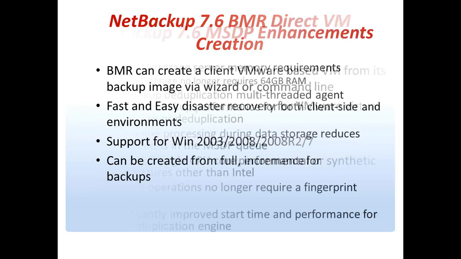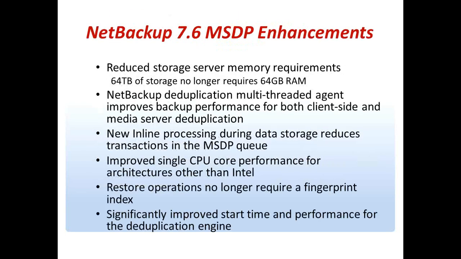Now, another major enhancement to NetBackup 7.6 has to do with media server deduplication pools. What we have here for the enhancements are reduced storage server memory requirements. 64 terabytes of storage no longer requires that you need 64 gigabytes of RAM.